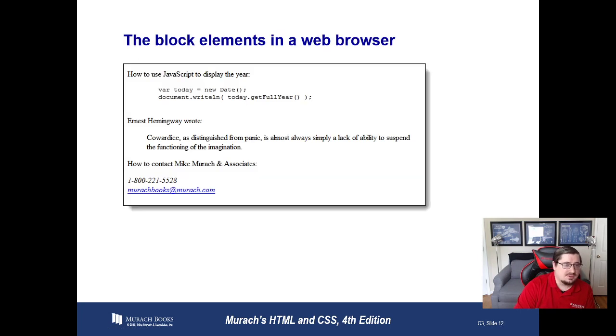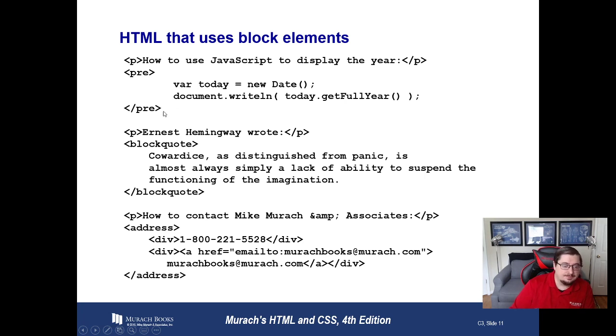If I look at how this pre tag looks in the browser, you can see that white space is preserved. Generally it also will change the font to a monospaced font, which means that all the letters have the same width, which is good for when you're looking at code, which is what the pre tag is generally used with. Not always, but often.